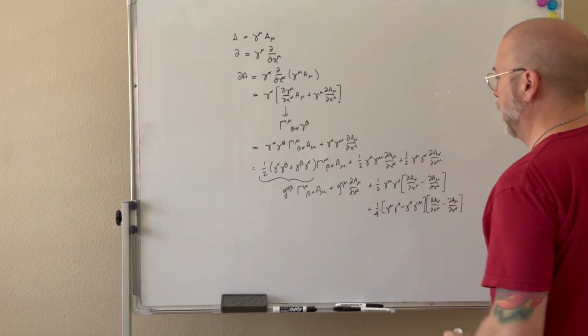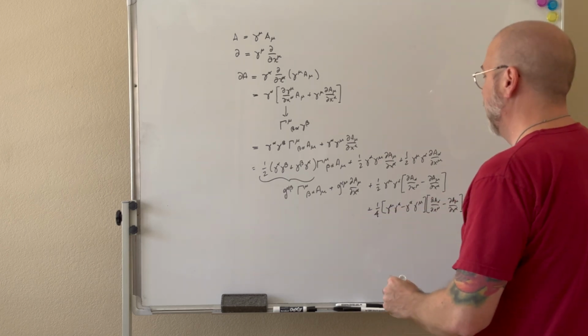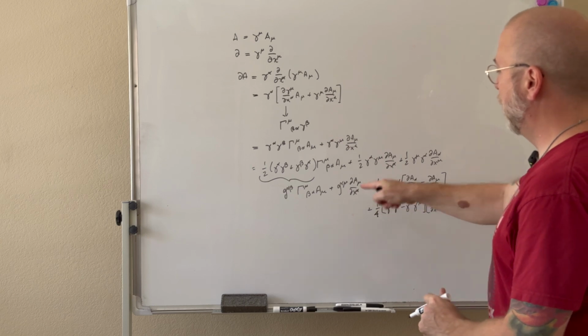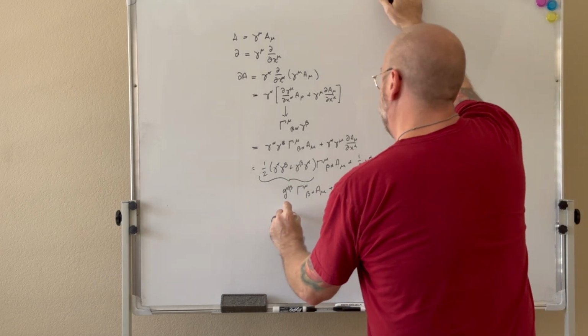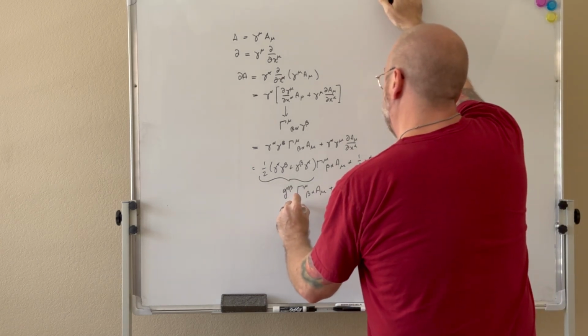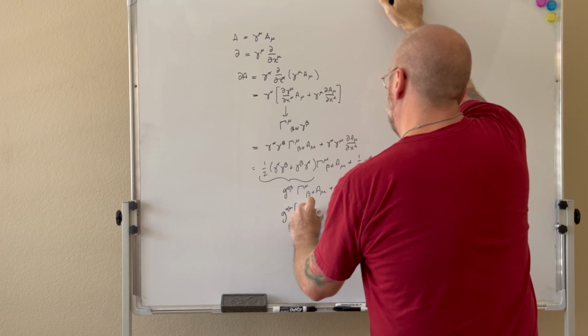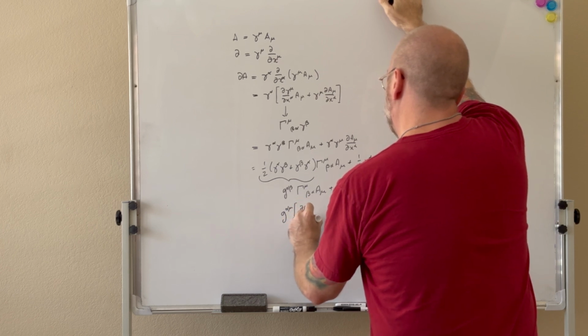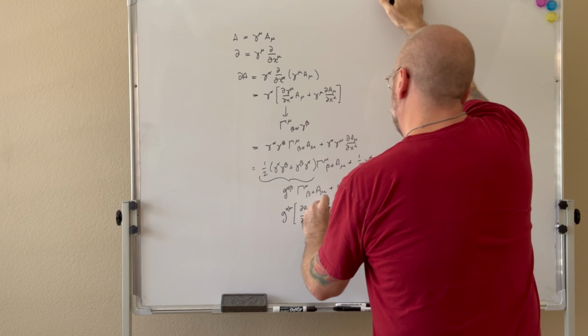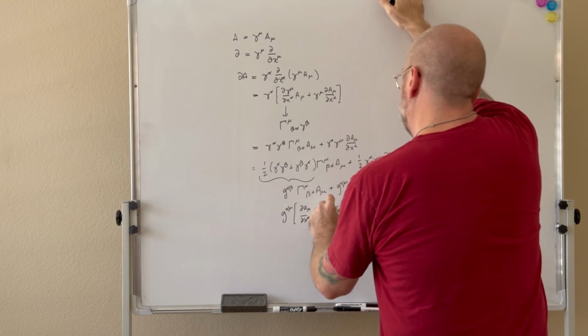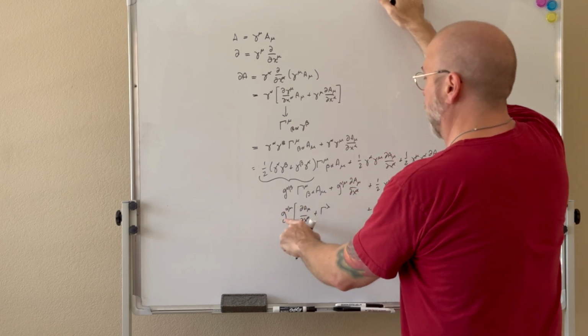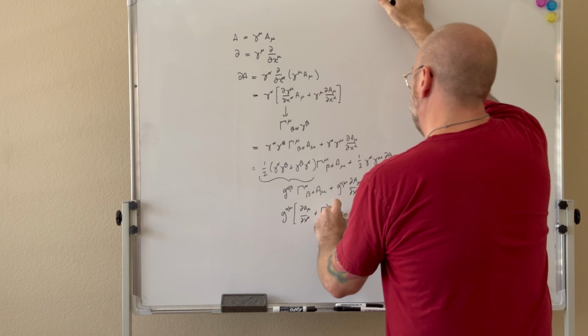What is this? Well, this can be rewritten as dA mu dx alpha plus gamma. Let's say lambda here, so we're swapping out the betas for the mu's.